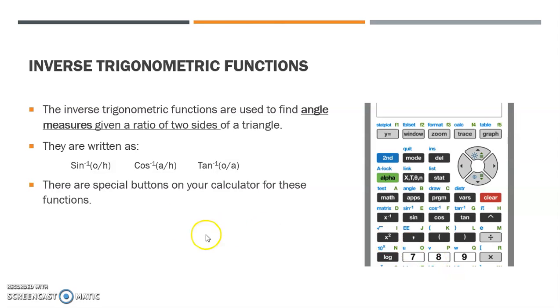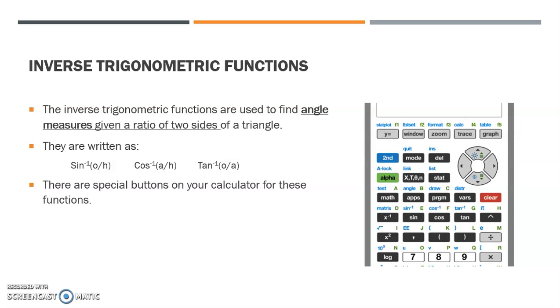And that would get you the angle measure for which the opposite side is 7 and the hypotenuse is 8. So it helps you to find those angle measures. Again, you'd want to make sure that your mode is in degrees. We're working in degrees this year, but it probably is since you haven't changed it since last lesson.